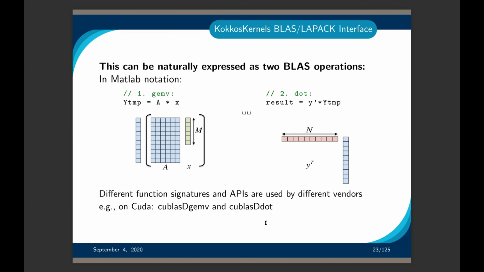So if you use Kokkos Kernels, you can use the single Kokkos interface, and then internally we interface to cuBLAS or MKL if they are available. And if you give a weird strided data layout matrix, then we can use our native implementation.